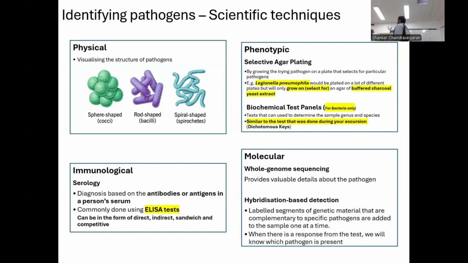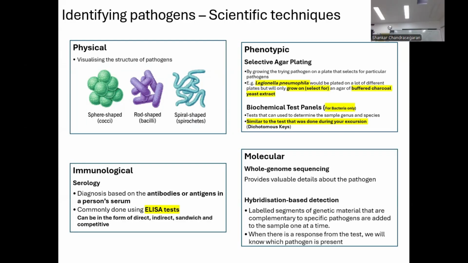So the four ways that we can basically identify pathogens is, the first one, where we assess the visual features, the physical features, and visualize what kind of characteristics it has. Just purely on a physical level, we look at it, we see what we can identify. So when we did it the other day with the pictures, we could tell that with bacteria, there are three distinct shapes, right?